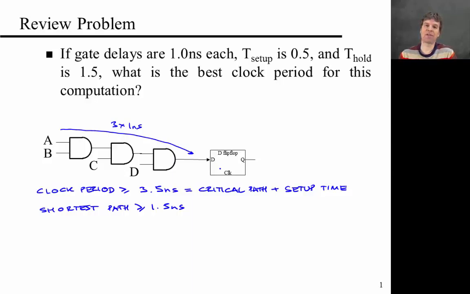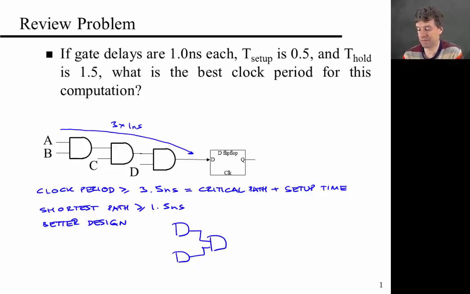But in this particular system, all the inputs are, as it's drawn, external, and you don't really have a connection from another flip-flop back into the circuit. Good, but then maybe another thing that you observed is that this is actually not a particularly smart implementation of this circuit. In fact, you could achieve the same logic with a better design, which would be to use the same number of AND gates, but order them a little bit differently.